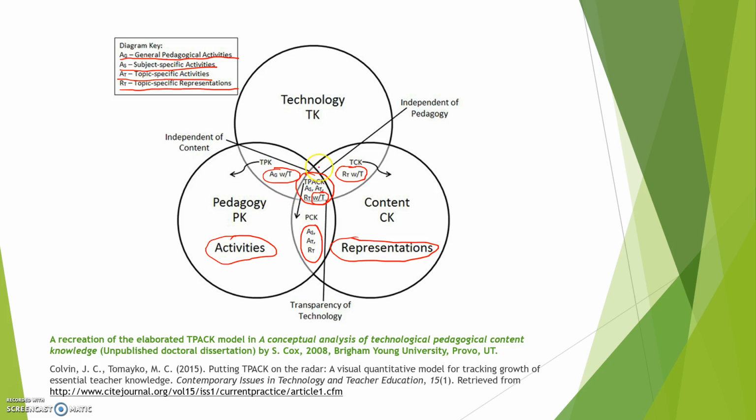Here we have the boundaries between some of the various areas, and these are some of the clarifications that I was talking about earlier. The difference between PCK and TPACK is this boundary right here, and we can see that this boundary is transparency of technology. In essence, by making the technology more visible, more obvious as to what is happening with technology, that's delineating the boundary between PCK and TPACK.